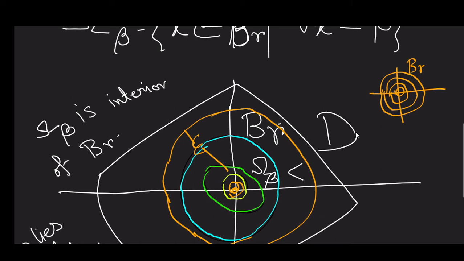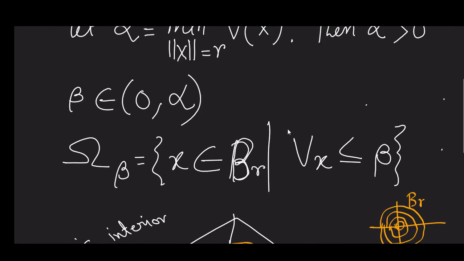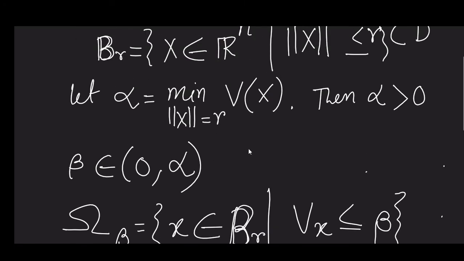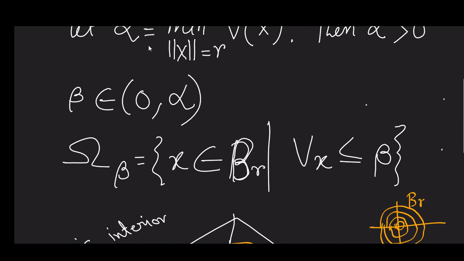No, not like that, but omega b is defined in such a way that it is alpha, right? And then beta is equal to 0 comma alpha. Now this alpha, where you get alpha, that is the minimum value.